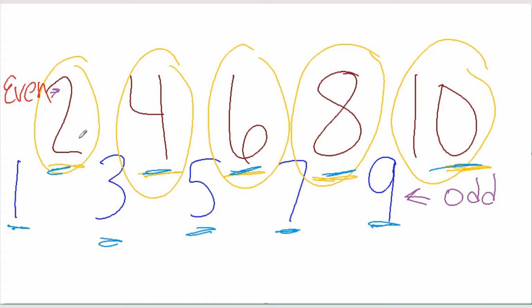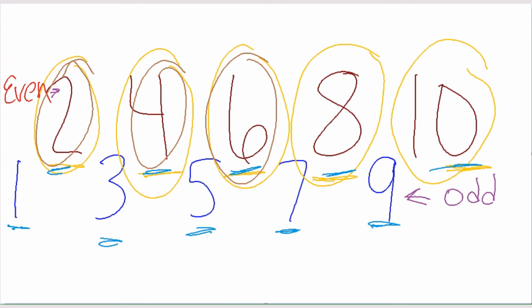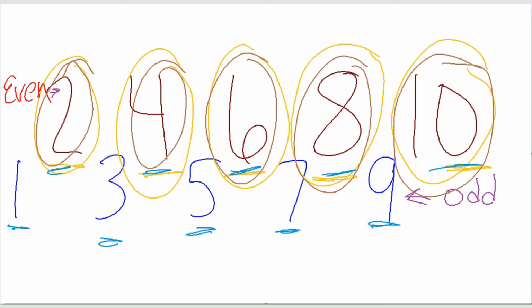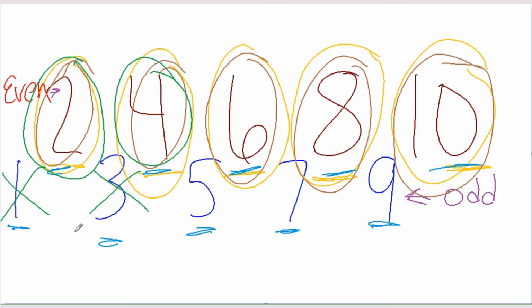So we can start with 2, skip 3, 4, skip 5, 6, skip 7, 8, skip 9, 10. That is how we can remember. I'll show it again in a different way. 2, skip 1, 4, skip 3, 6, because we're skipping 5.